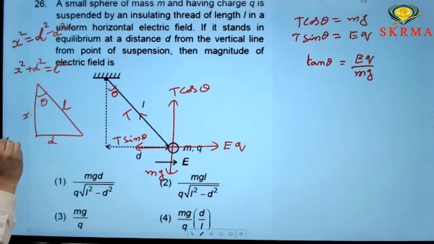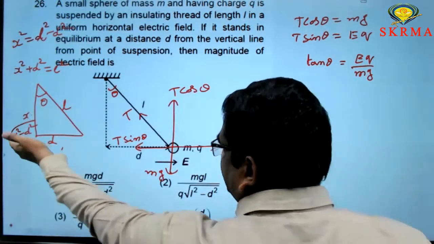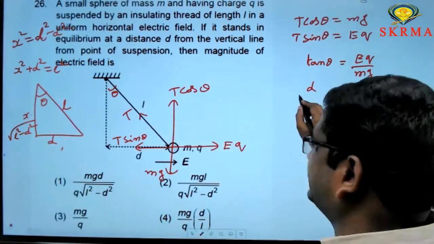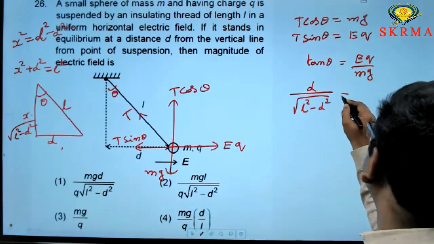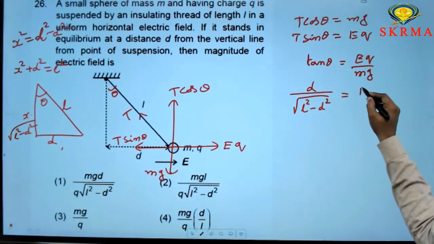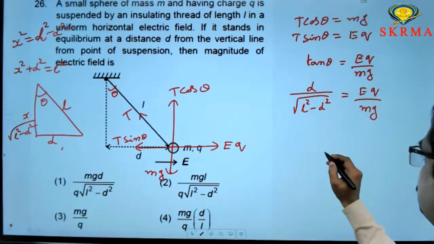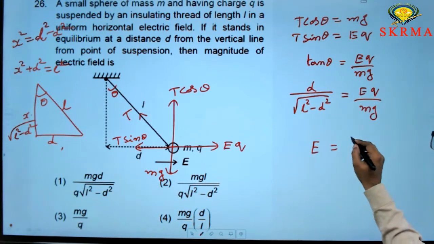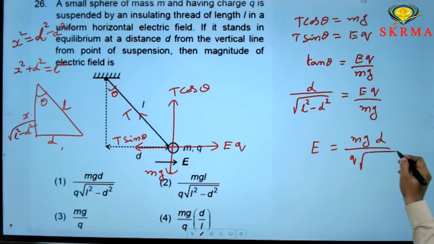So x equal to square root L square minus d square. Now tan theta value from this diagram, opposite side by adjacent side. So that means d by square root L square minus d square equal to EQ by mg. Now rearrange this one for E. E equal to mg into d by q into square root L square minus d square.